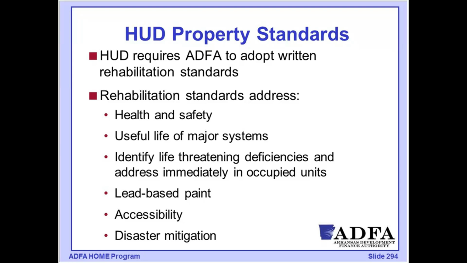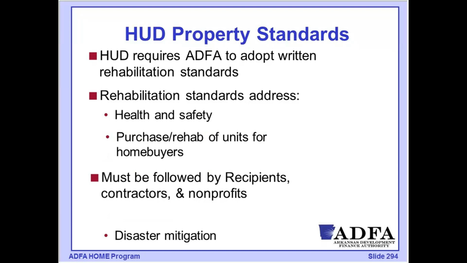So for instance, Arkansas has a lot of tornadoes, and so we may have building code standards in place about using things like clips to try to make sure that roofs don't blow off in tornadic winds. Those sorts of standards would be incorporated within ADFA's written rehabilitation standards.